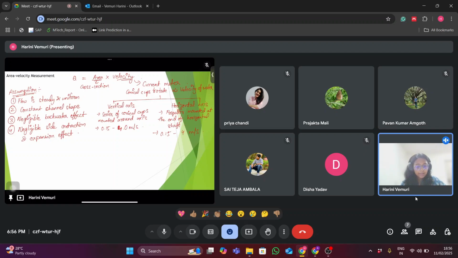We already discussed that based on the conical cup rotation we calculate velocity, and the relationship is V equals A into N plus B, where A and B are constants, N is the number of revolutions per second of the meter, and V is the stream velocity at that location.